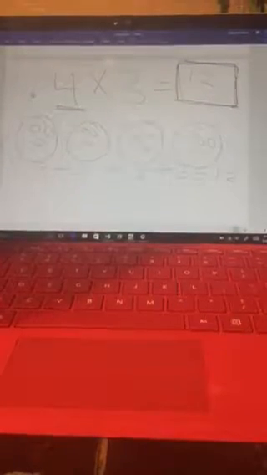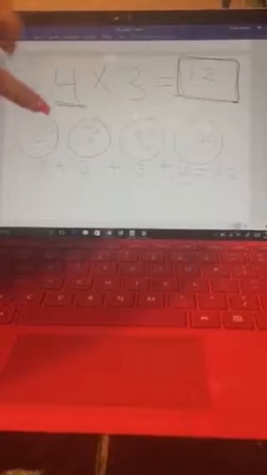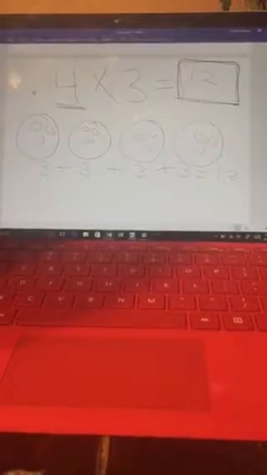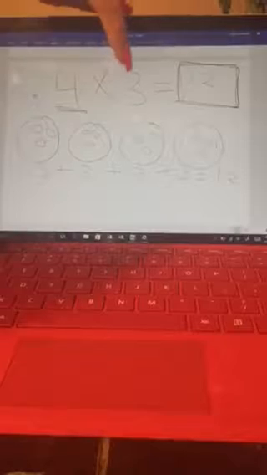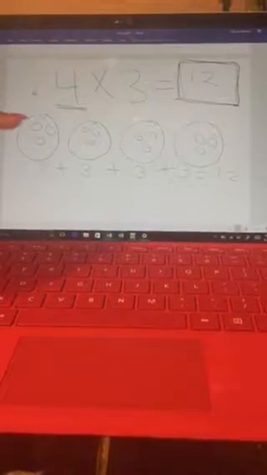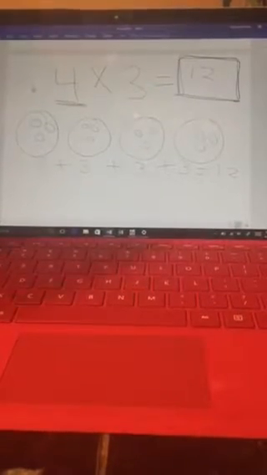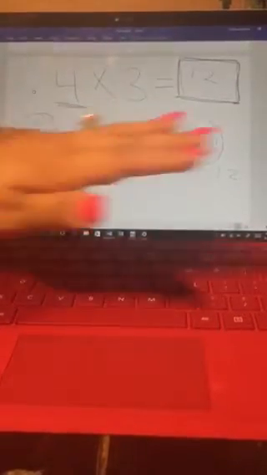Do you understand? So the first number is going to be your groups. 1, 2, 3, 4 groups. And your second number is going to be the amount in each group. So 1, 2, 3, 1, 2, 3, 1, 2, 3, 1, 2, 3. And then after you're done with that, you're just going to count them all together to get your answer. Okay.